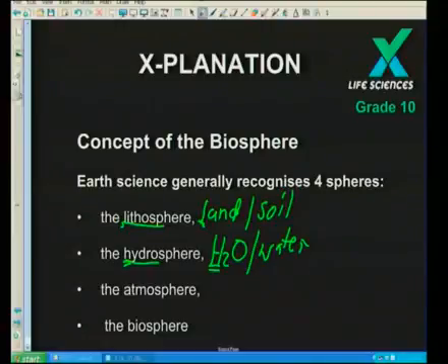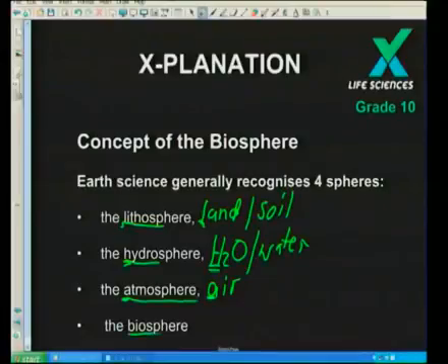The next one is atmosphere, and guess what? Look at the A for air. So the atmosphere is the air that surrounds our planet Earth, and that is what you inhale every single day to stay alive. Now, all of this is known as our biosphere.